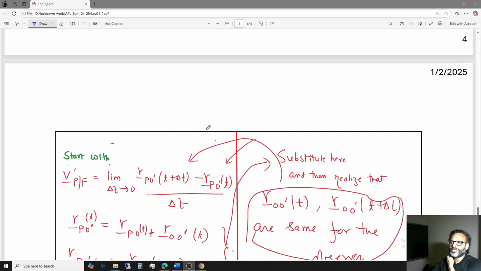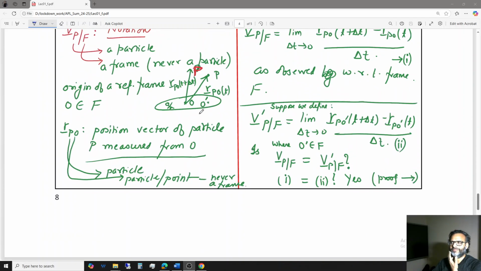So if you are fixed to this frame F, O is fixed to your frame, O prime is also fixed to your frame. So the vector Roo prime will remain unchanged at all times. Why? Because the frame is a rigid body.